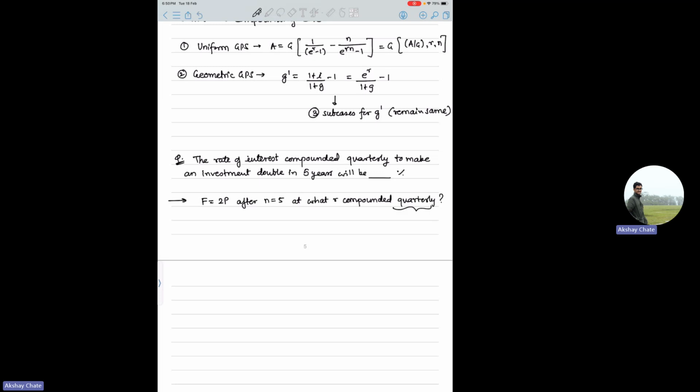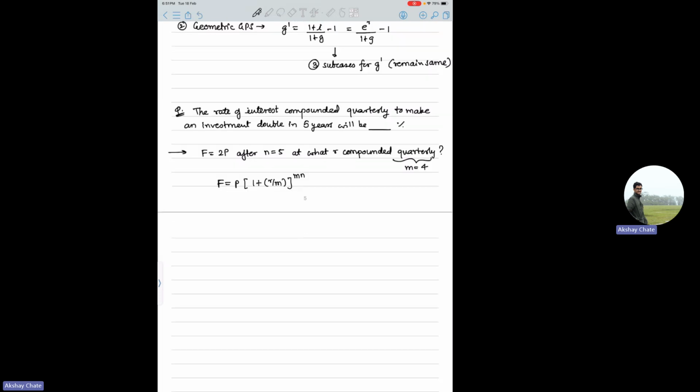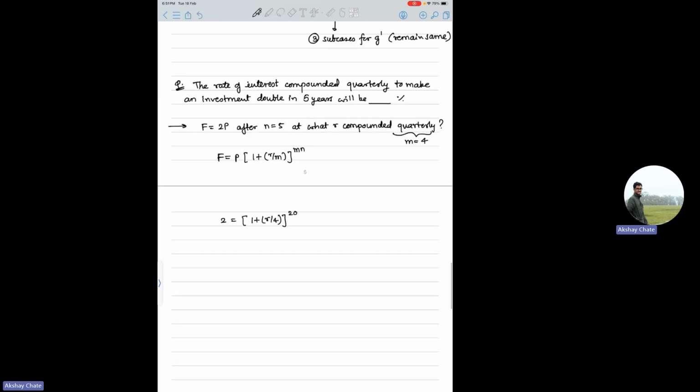Since it's quarterly compounding, it means m equals 4 in our effective interest formula. We know this is not a case of continuous compounding, so it is just 1 plus r by m, to the power n. Here F is 2P, so P gets cancelled. This is 1 plus r by 4, with m as 4 and n as 5, so the exponent is 20. Therefore 1 plus r by 4 equals 2 to the power 1 by 20.